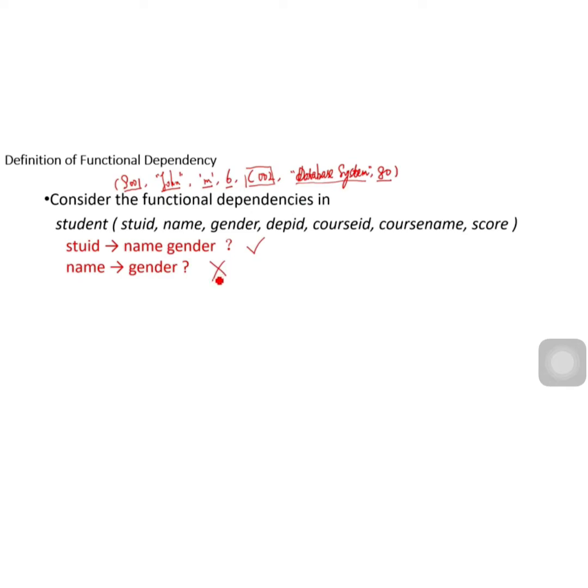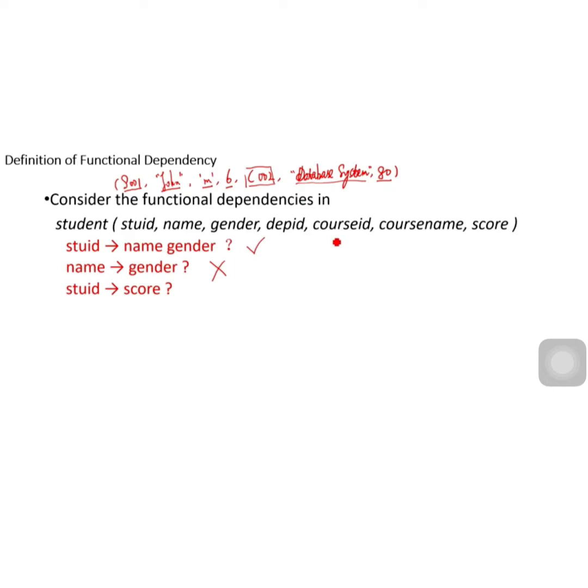Okay. And student ID functionally determines score. Score is what the student gets in this course. And we know a student may learn more than one course.